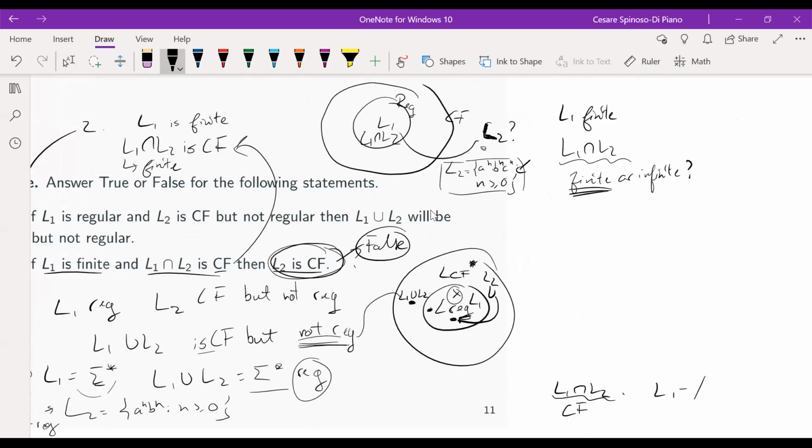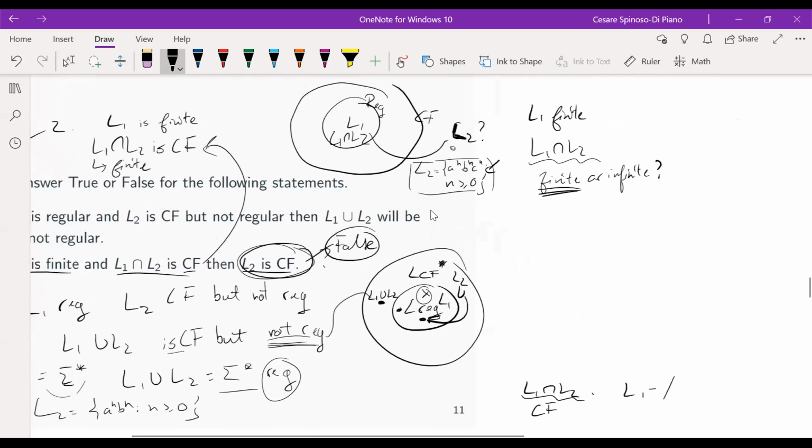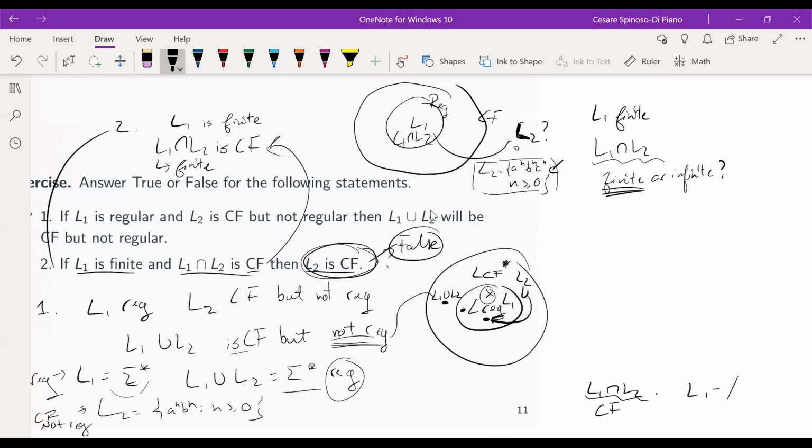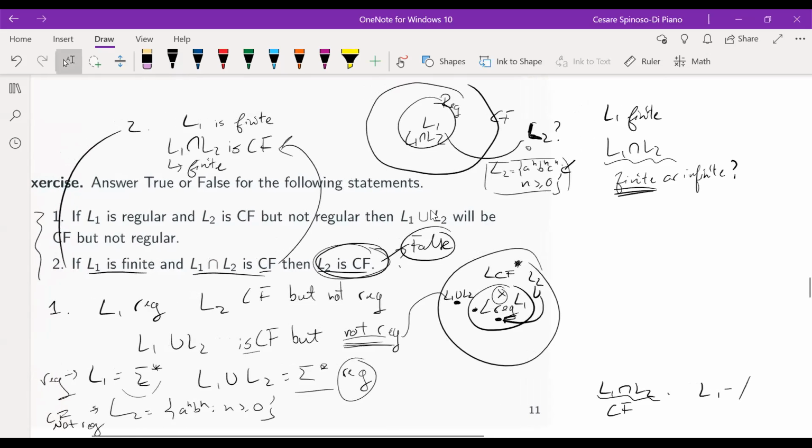Okay, a question. Didn't we say earlier that for any context-free language, let's say L1, and any regular language L2, the intersection of L1 and L2 is context-free? And since L1 is finite, it means it's regular. So regular intersecting a context-free means that yes, the result is context-free, right? Yes, but is that actually what statement 2 is saying?